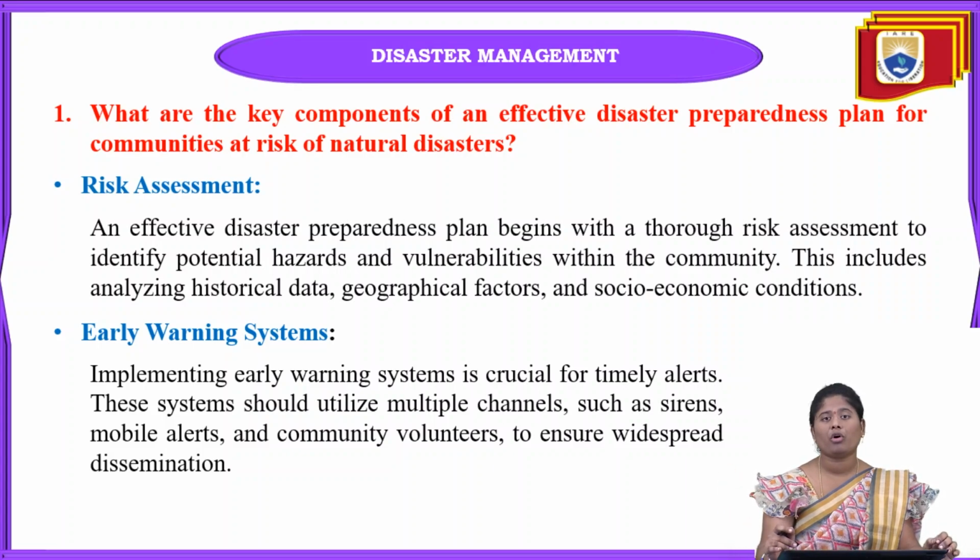So this early warning system is one of the crucial ones for timely alerts. Here we make use of multiple channels like mobile alerts, sirens, and community volunteers. After using all these types of early warning systems, we will be very much safe when a natural disaster is going to occur.